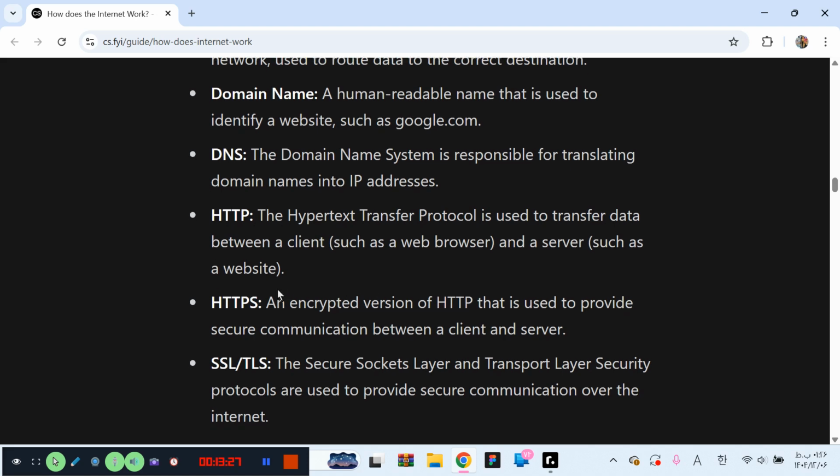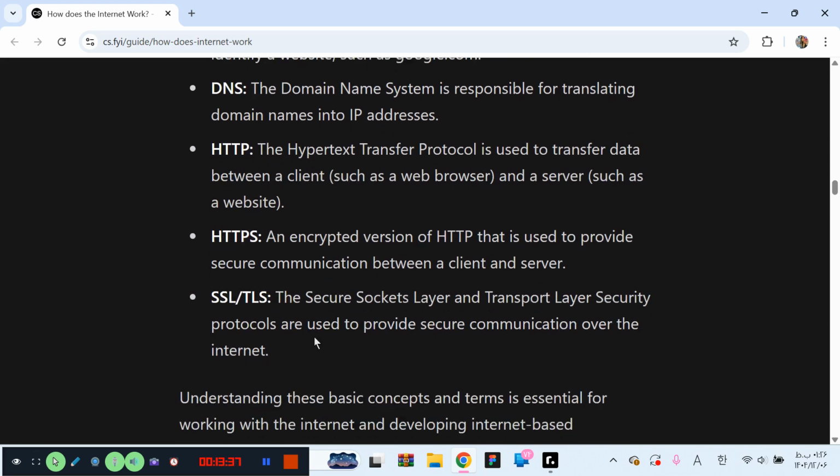HTTPS: an encrypted version of HTTP that is used to provide secure communication between a client and server. SSL/TLS, the secure sockets layer and transport layer security: protocols that are used to provide secure communication over the internet.